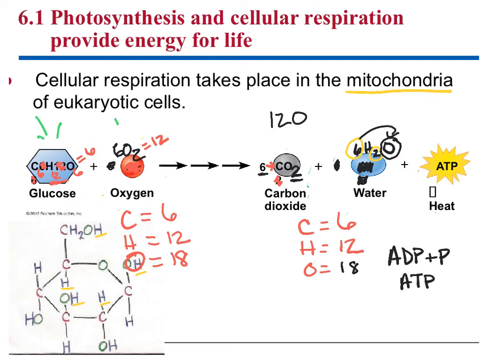So the energy that is released in breaking the bonds in glucose goes towards adding a phosphate to ADP, adenosine diphosphate, to make adenosine triphosphate.